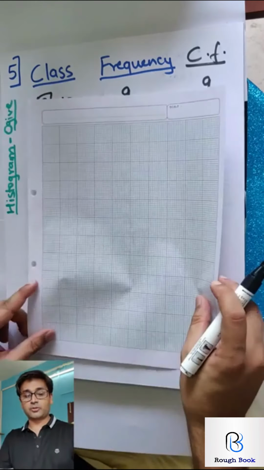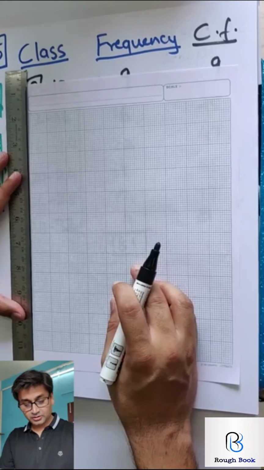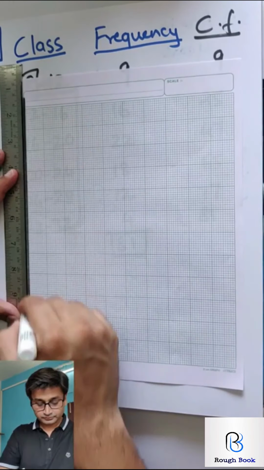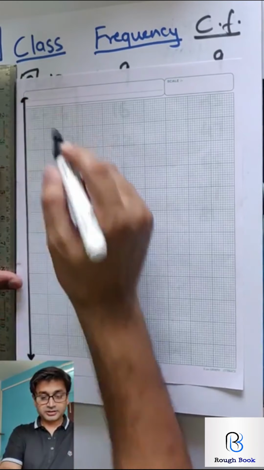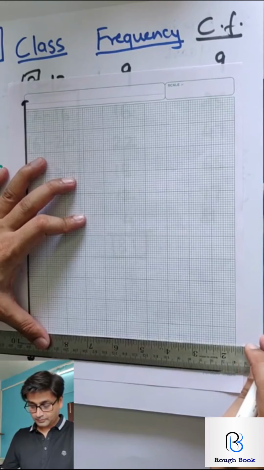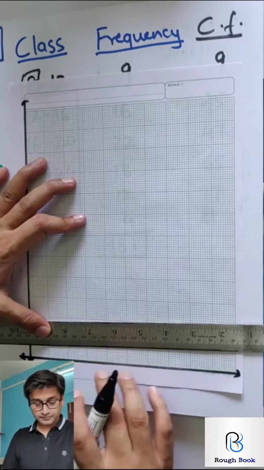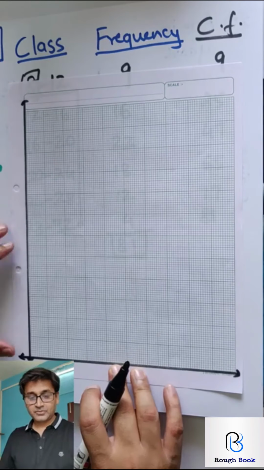So I think 10 is the best option again. Let's draw the x-axis and the y-axis quickly. Here goes my y-axis first, and here goes my x-axis next. Once the axes are done, then calibration.